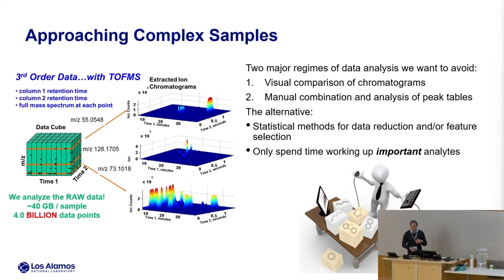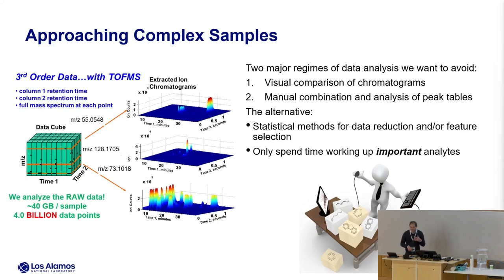But when we get to really complex samples like petroleum, metabolomics, high explosives for my work, things get really complicated. And we add in mass spectrometry, especially high resolution mass spectrometry. When we're working with the raw data, we can be talking about 4 billion data points, which is mind-blowing to say that we can do that with computers now. But as humans, we cannot look at 4 billion data points and get any useful information out of it.